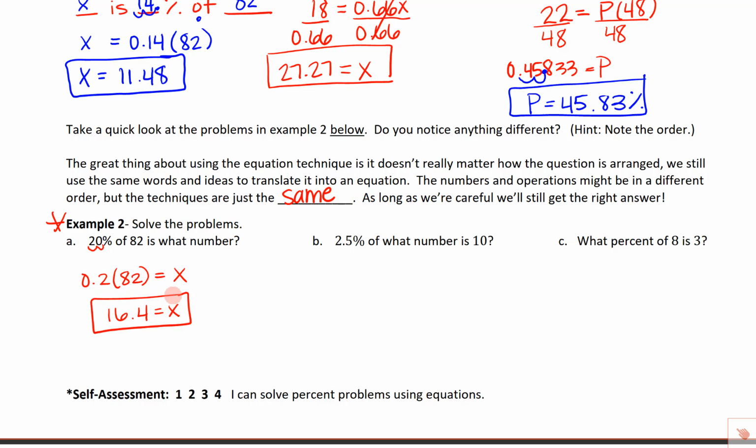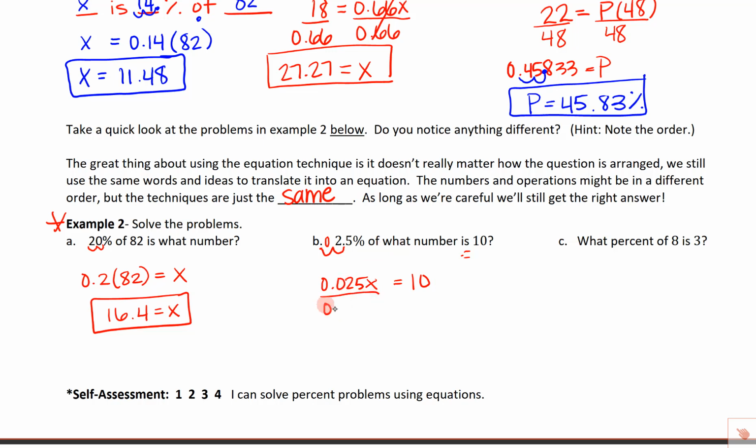Let's look at the next one. 2.5% of what number is 10? So 2.5%, need to change that to a decimal number. So that would be 0.025. Of what number? So we don't know what we're multiplying by, so I'm going to use x, is 10. Now to get x by itself, use inverse operations.